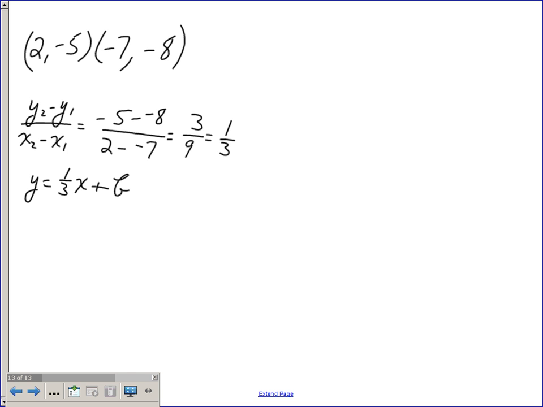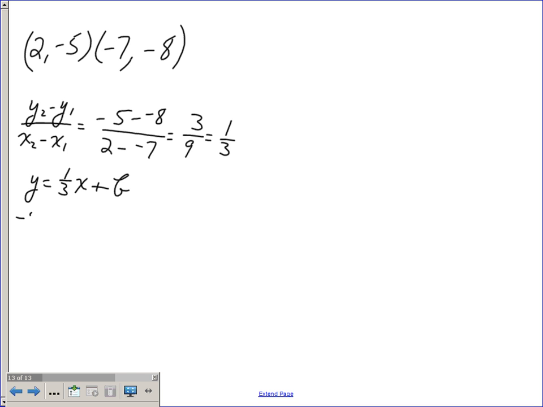Who remembers? Plug in the points for x and y. It's one way. And which point do you want to plug in? 2 and -5. It seems like a little easier point to plug in. So let's put that in and see what we got.